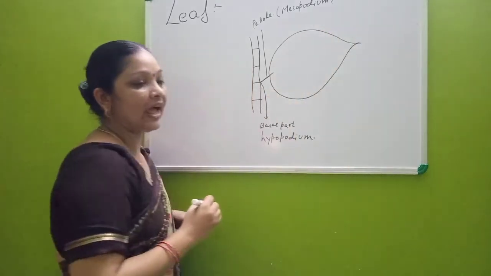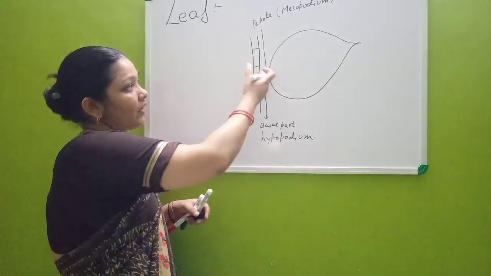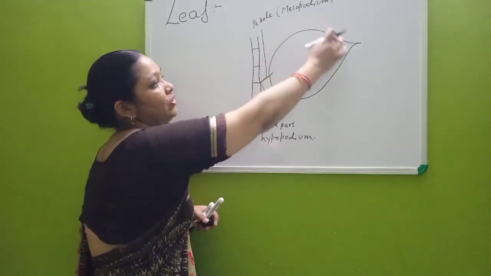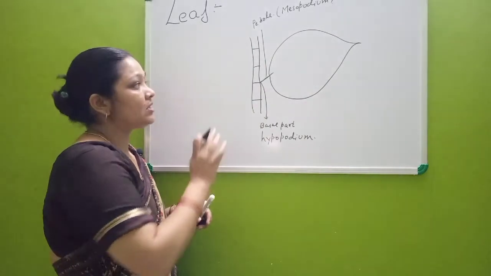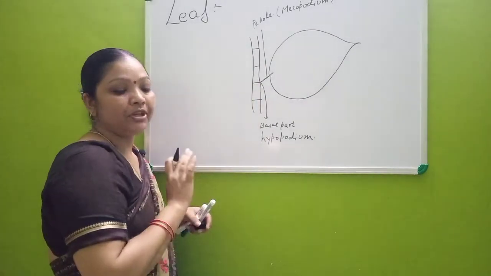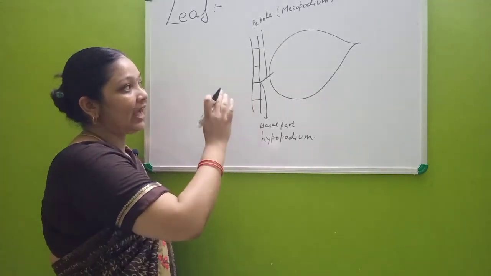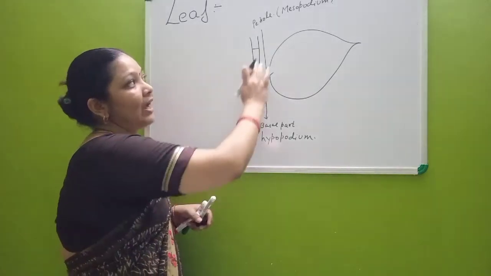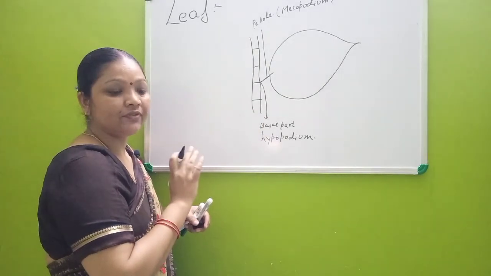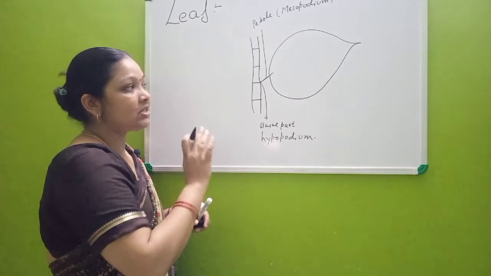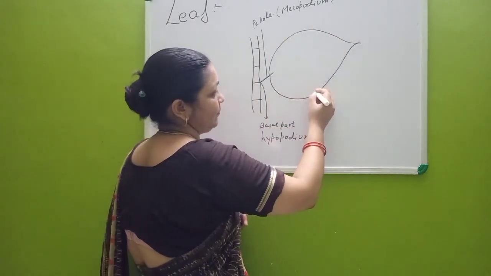a green flat structure with a margin. This that we saw is attached to the petiole, and the flat structure that we see is green all over. Generally the color of the leaf is green, and this is known as lamina.